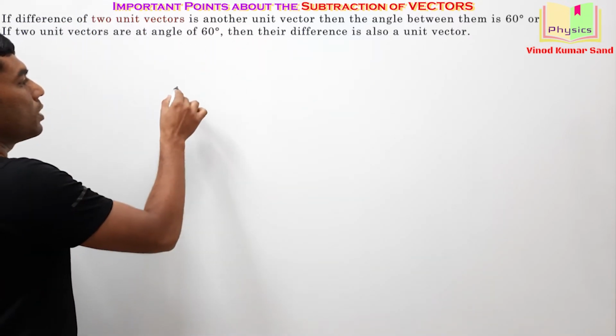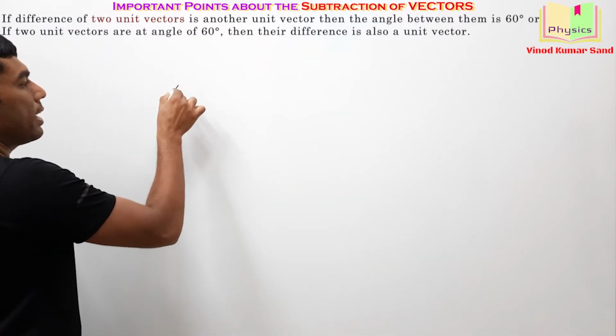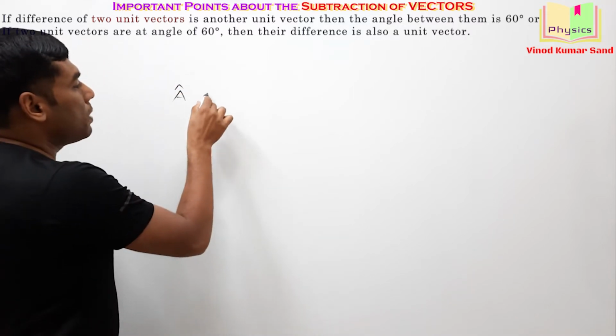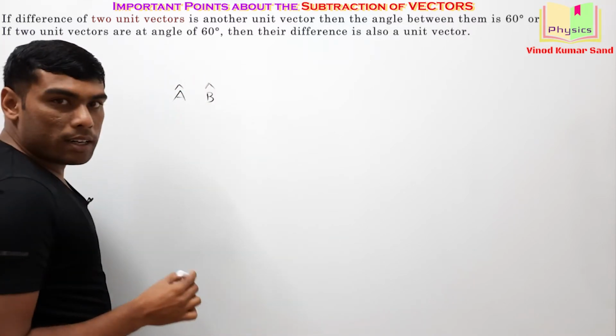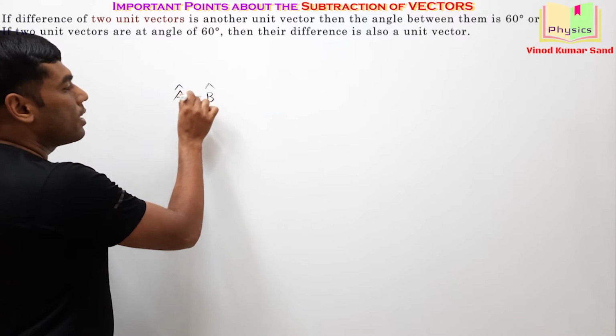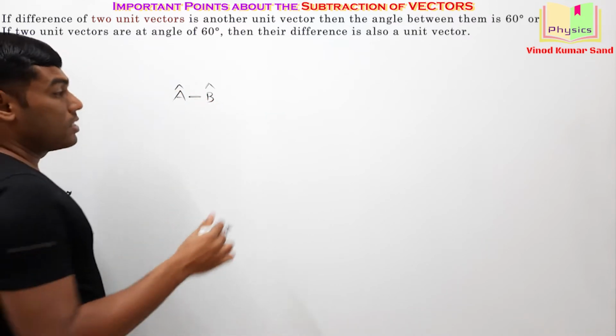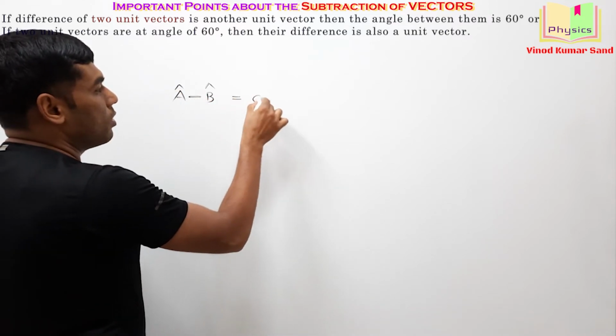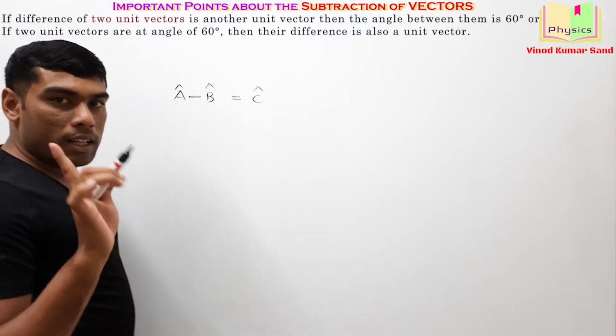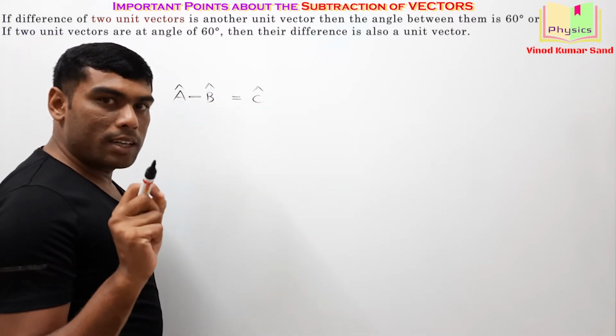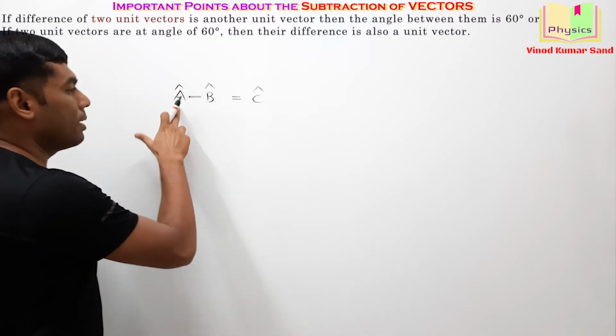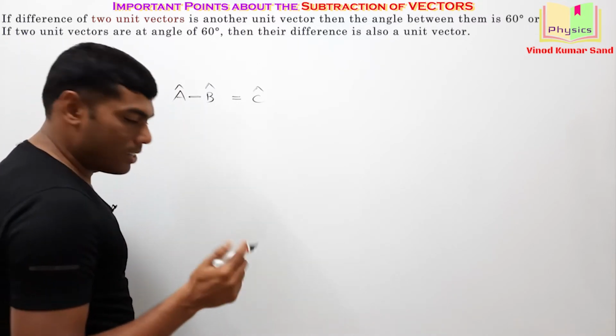Suppose a cap is a unit vector, b cap is also a unit vector, and we are considering their difference. This difference also results in a unit vector. Then we have to prove that theta, the angle between a cap and b cap, will be 60 degrees.